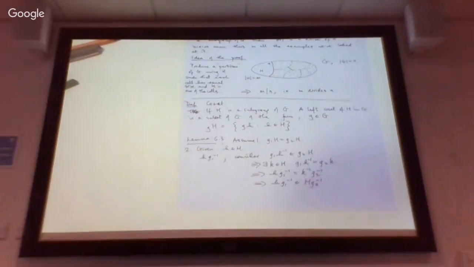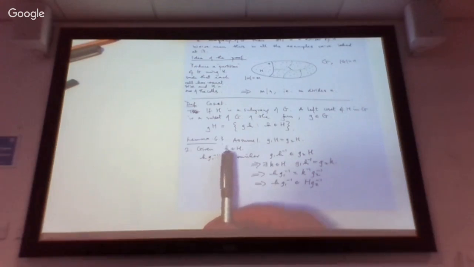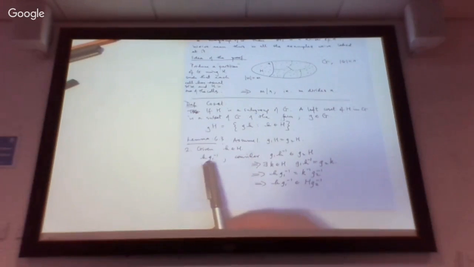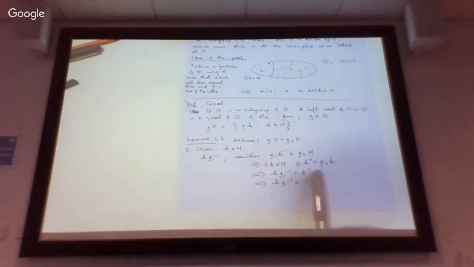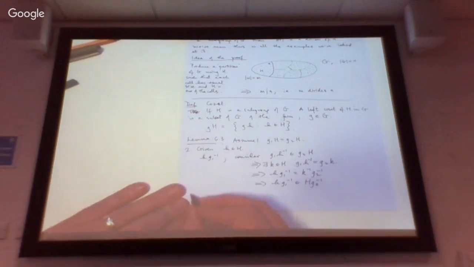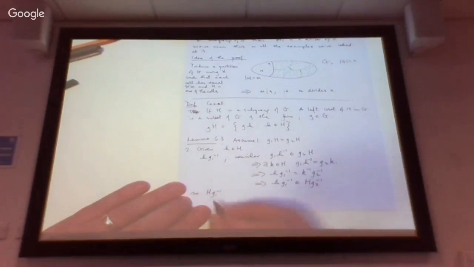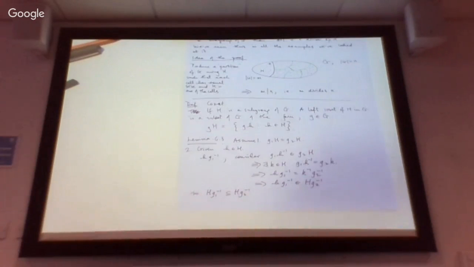So we started off with any little h in the subgroup H, and we were able to show that this element of the right coset of G1 inverse is contained in the right coset of G2 inverse. Okay. So in other words, the right coset corresponding to G1 inverse is contained in the right coset corresponding to G2 inverse.